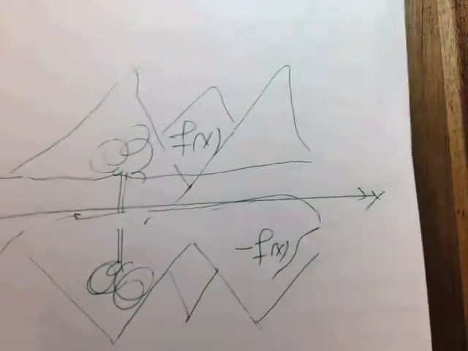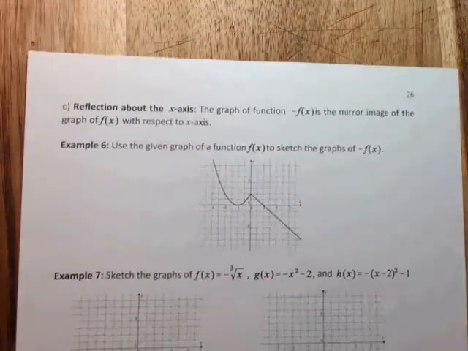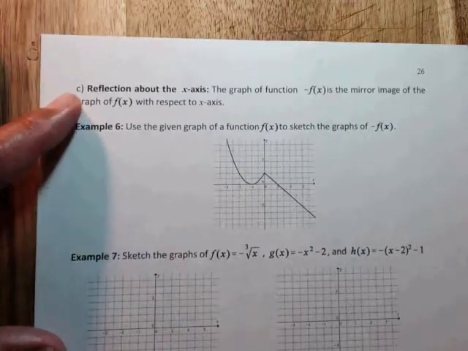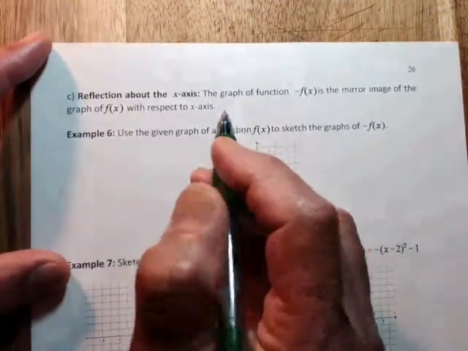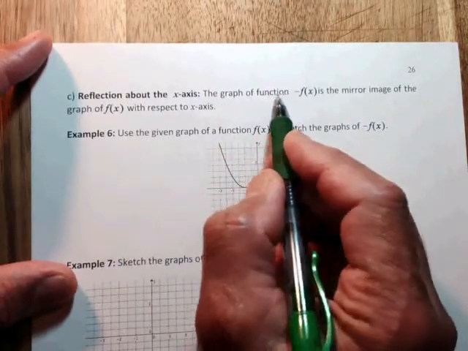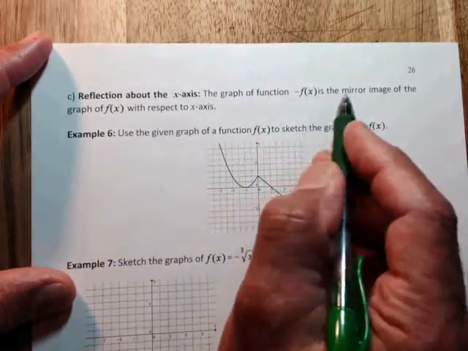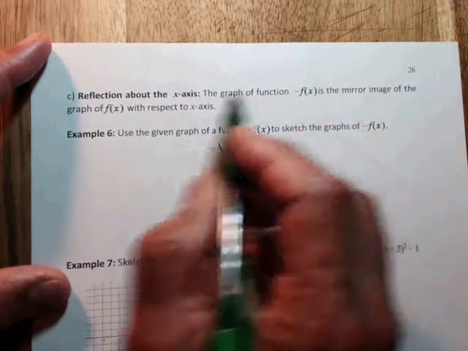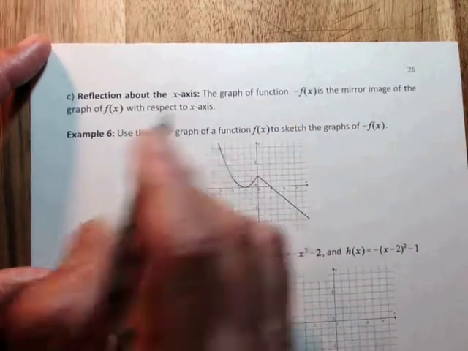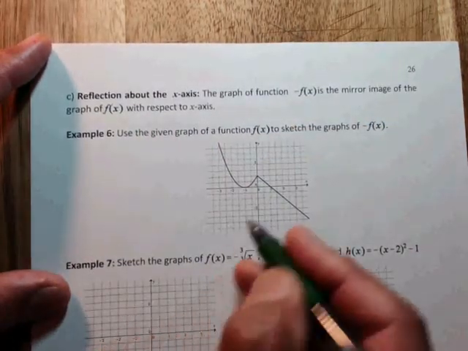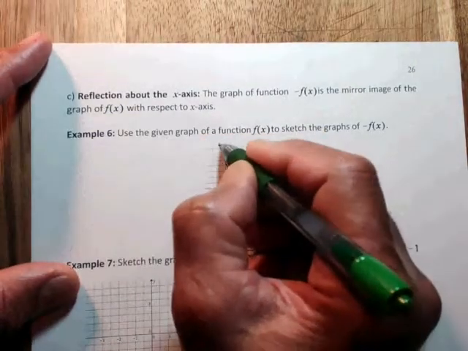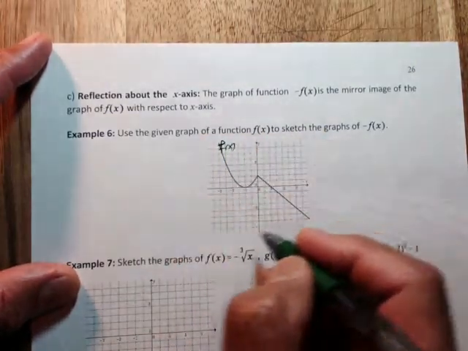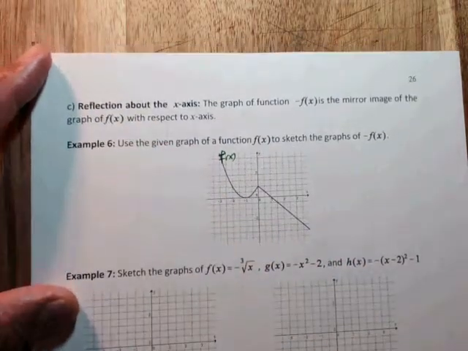This was like painting. So the graph of negative f of x is the mirror image of the graph of f of x with respect to the x-axis. If this is f of x, then you want to know what minus f of x looks like.